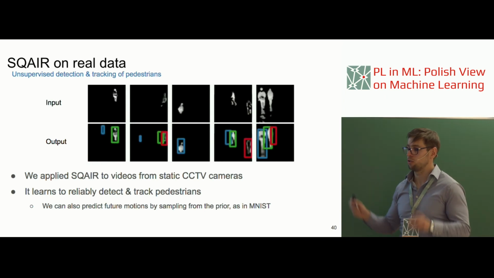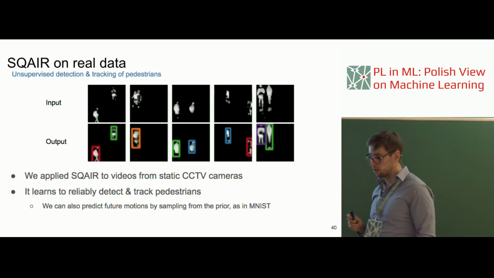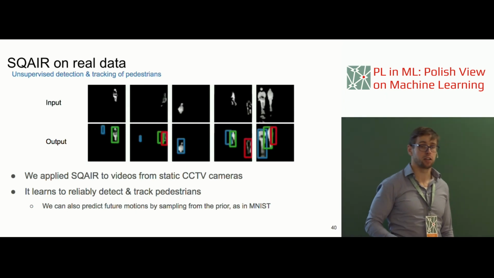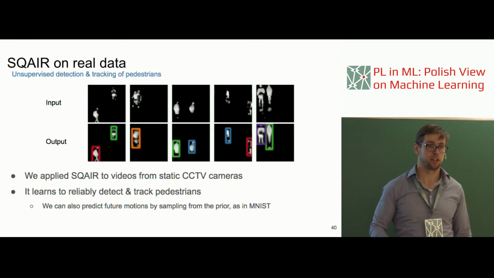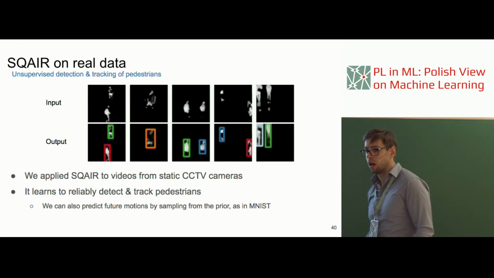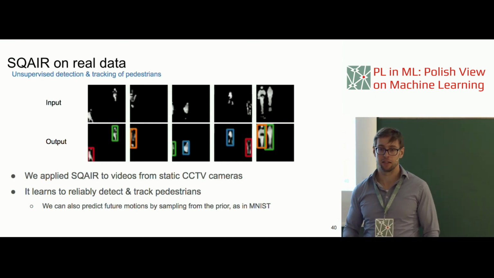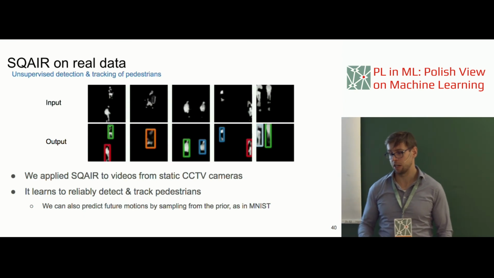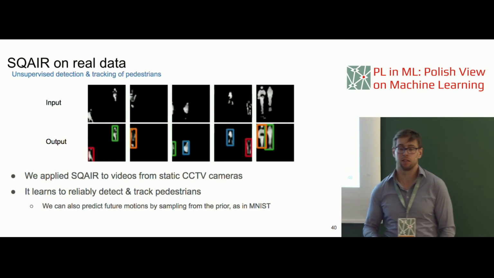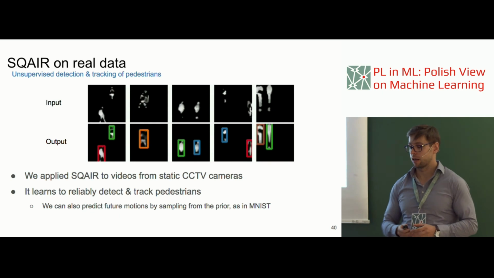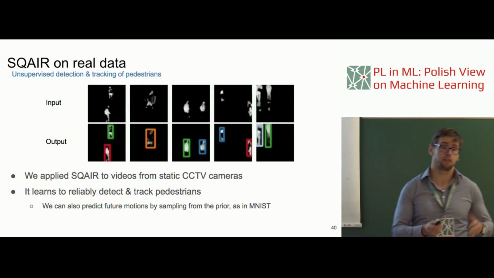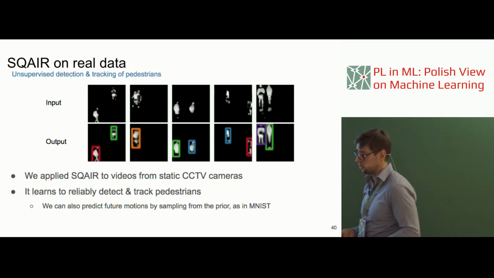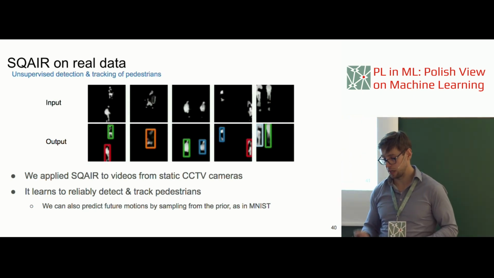We also inverted the colors to make humans more visible, and as a consequence, what we have is unsupervised detection and tracking of walking people around the university campus, which can be used for example for surveillance and behavior classification and so on. This type of representation, because now we have separate latent variables for different objects, can be very useful for downstream tasks, like, for example, reinforcement learning. And there's much more detail in the paper if you're interested. I don't really have time to go into this right now.